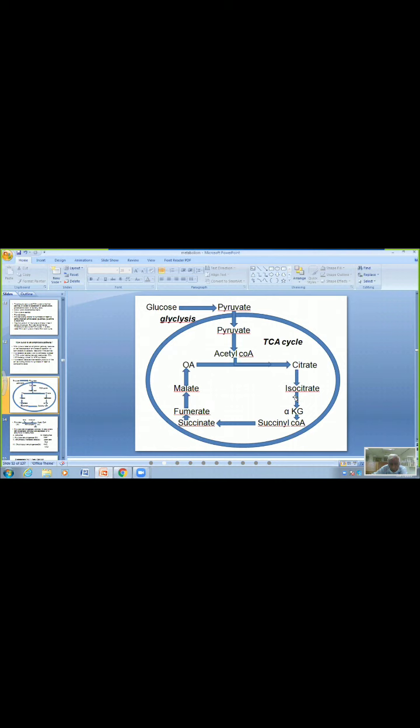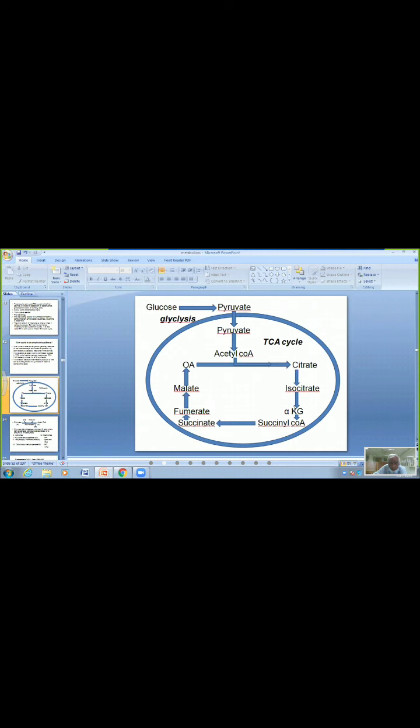In these reactions carbon dioxide is produced, carbon is coming out. This is called decarboxylation. Oxidation and decarboxylation take place simultaneously, when isocitrate is converted to alpha ketoglutarate, and also when pyruvate is converted to acetyl-CoA.